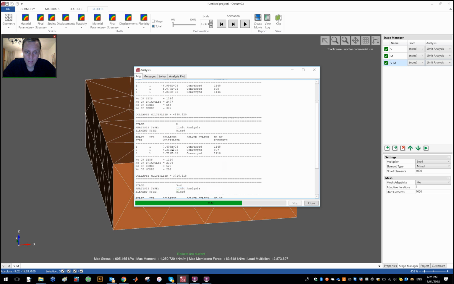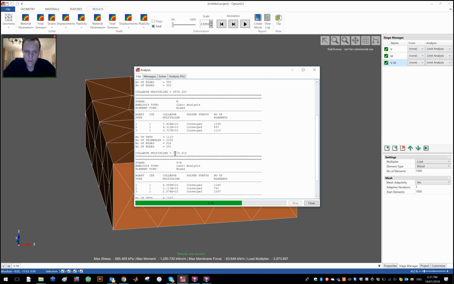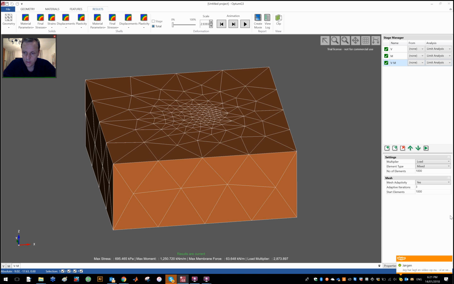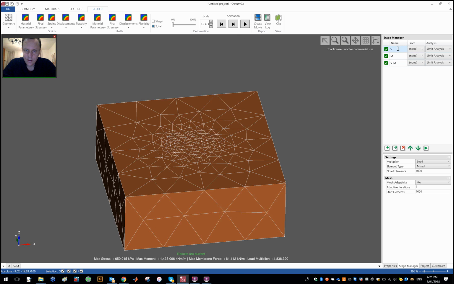A moment capacity of 3.7 meganewton meters, and a combined capacity of, well, moment equal to vertical equal to 2.87 meganewton or meganewton meters respectively for the vertical force and the moment. And let's see the results.